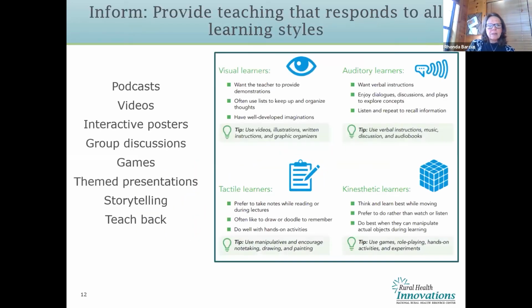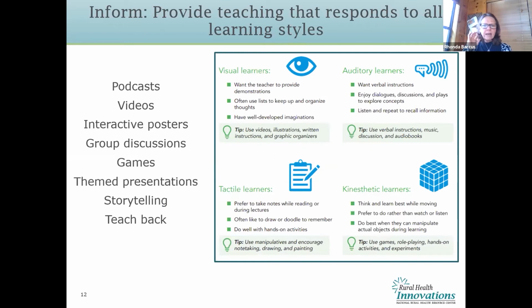All right, so then the I is to inform, and that's providing information that actually responds to every learning style. And you all know, I'm sure, that you've got visual learners, auditory, tactile, and kinesthetic.